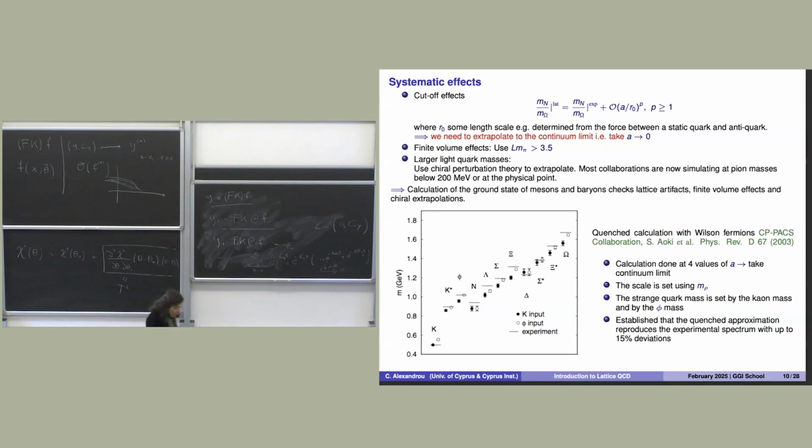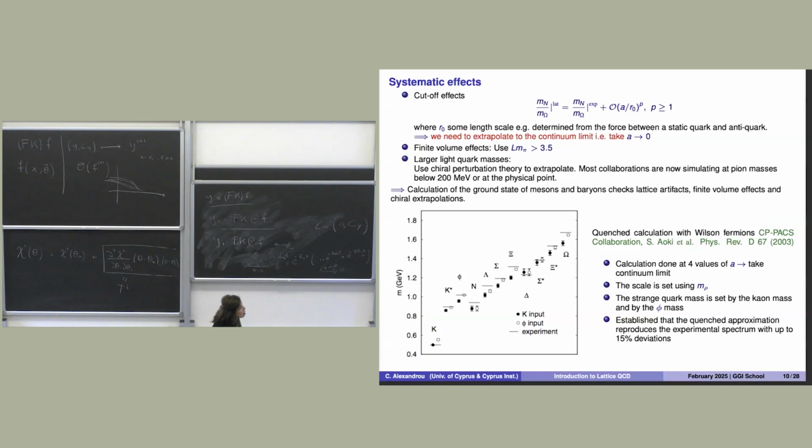Okay, so this is what I told you before. I have to control corrections due to the finite lattice spacing. We have seen that I have corrections that go either linearly in a if I don't do improvement, or with a squared if I have improvement, okay?